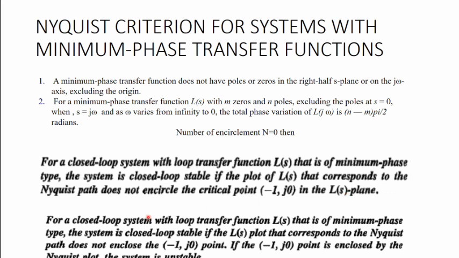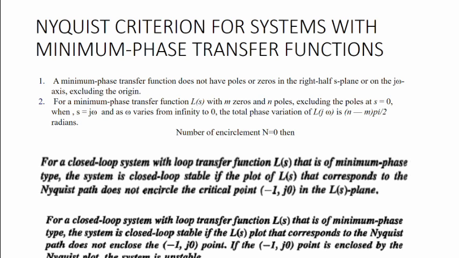If the -1 j0 point is enclosed by the Nyquist plot, the system is unstable. So this is the Nyquist stability criteria when the system is stable, and this is the criteria when the system is not stable.